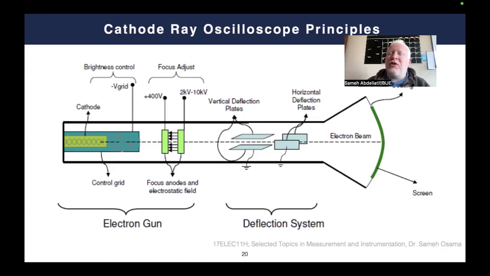So if you give a material some sort of high potential so that electrons in the valence band can escape outside the material, then you have what we call an electron gun.